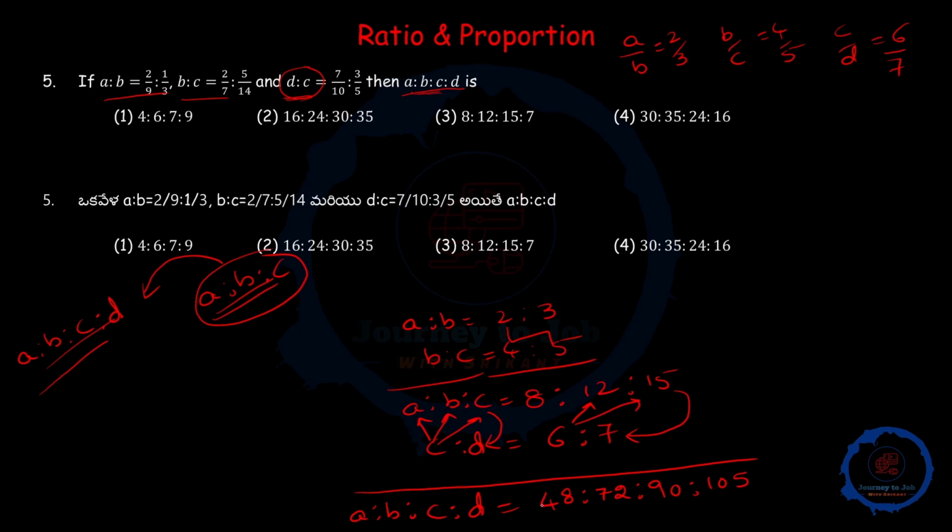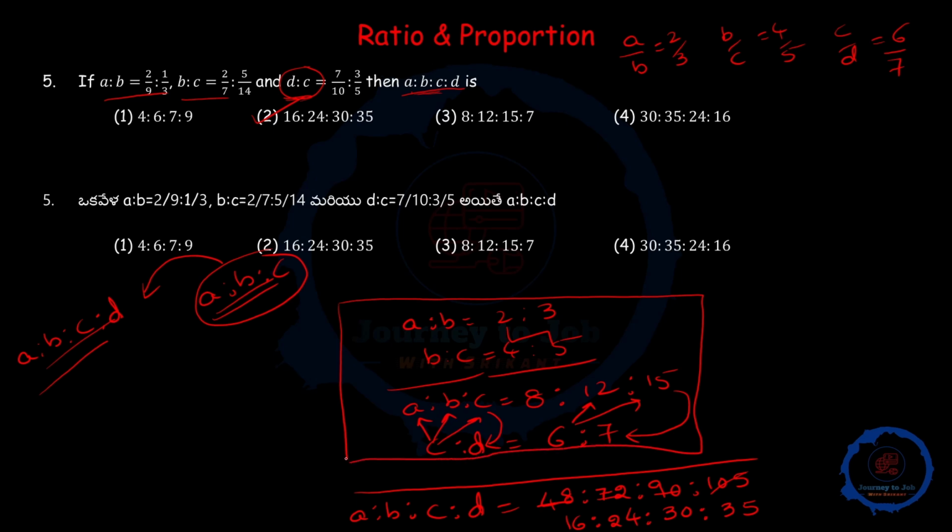Now divide with 3, all will go with 3. So 3 into 16 here, 3 into 24 here, 3 into 30 here, and 3 into 35 here. Okay, so this is the answer, and this is the important thing to learn here. A is to B is to C is to D.